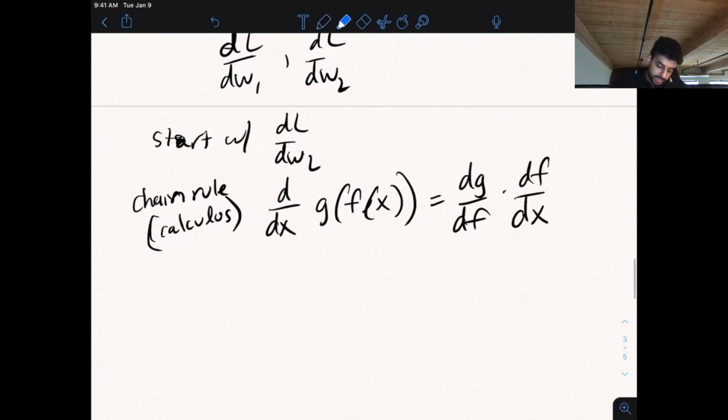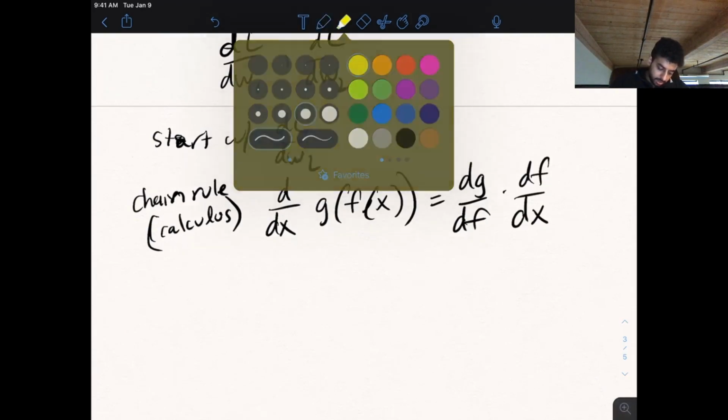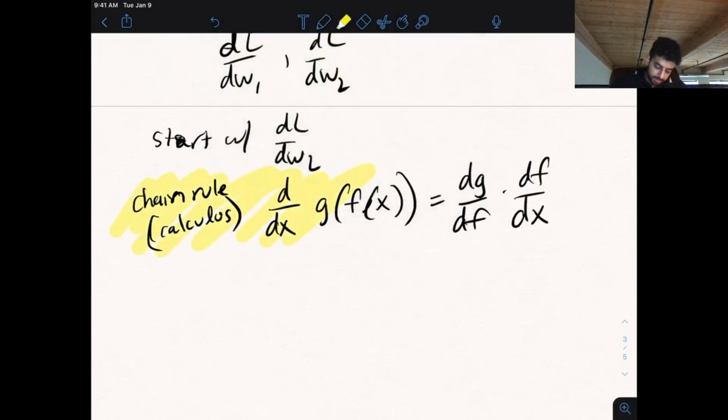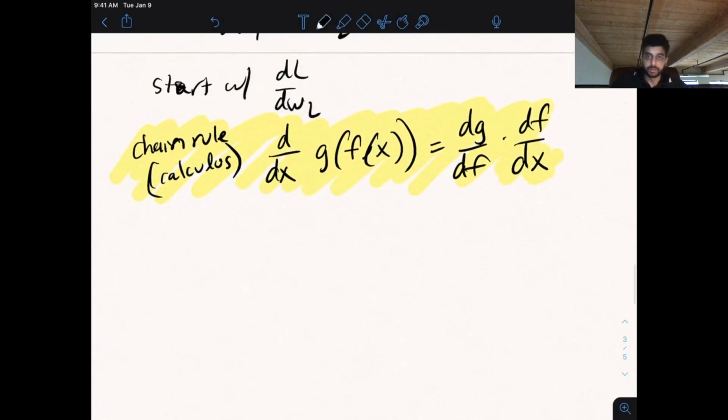This is a basic thing you likely learned in calculus, but it's going to be incredibly useful for everything we do after this point in the lecture. This notation means partial derivative with respect to x.